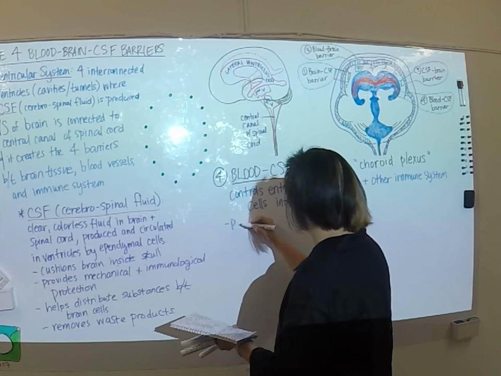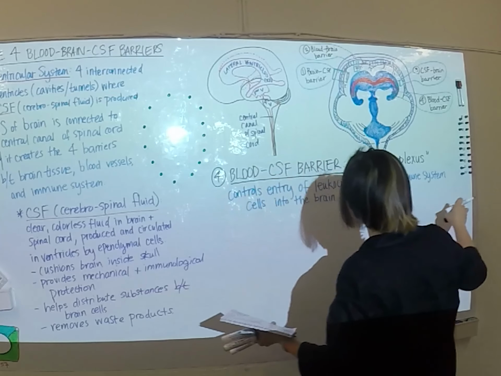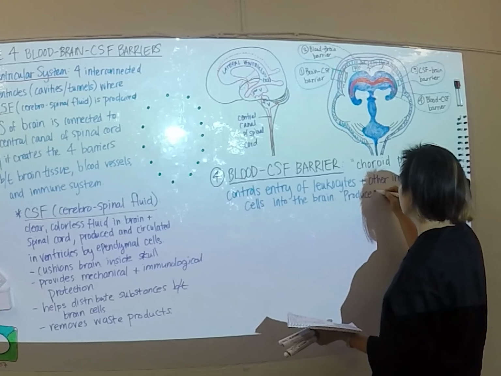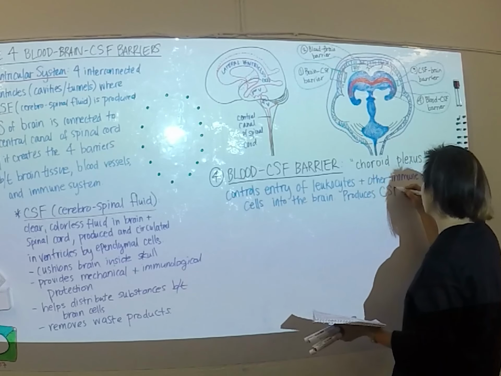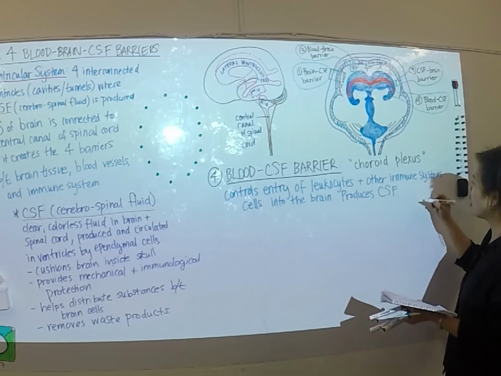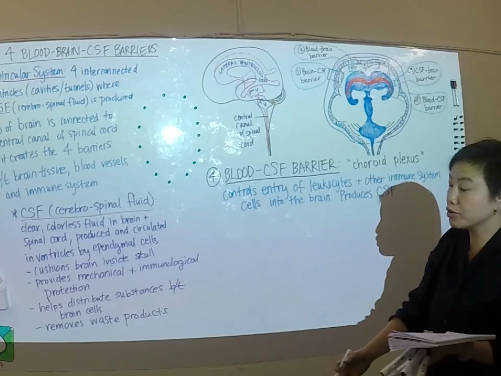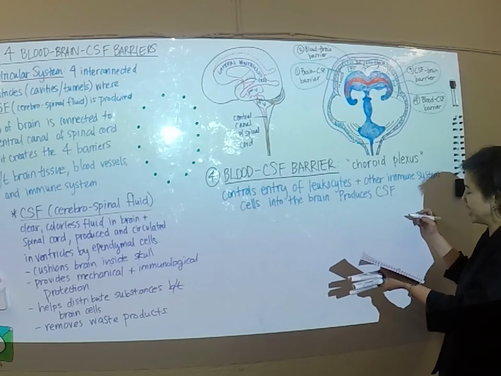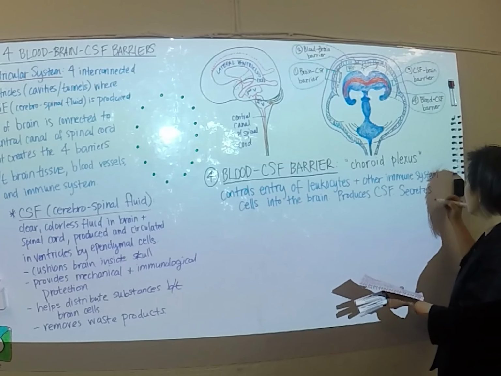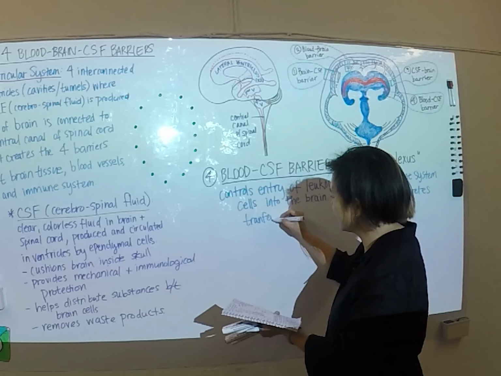So it, I'll just write it instead of a bullet point. Okay, so it also produces the cerebral spinal fluid, and it also produces and releases into the brain. So it secretes a chemical called transferrin.